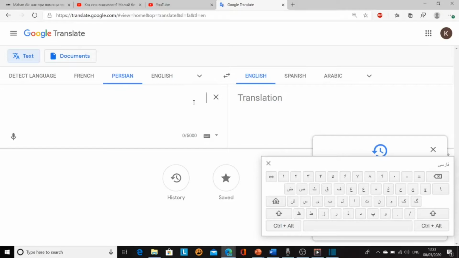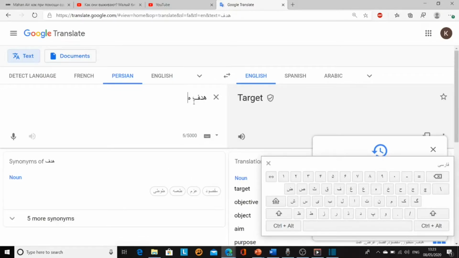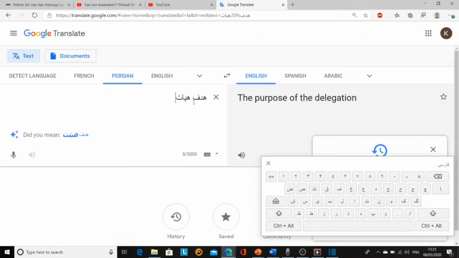All right, so I'm going to put some of this in here. Let's see how it looks. And I will have to check and see what they're saying is wrong.